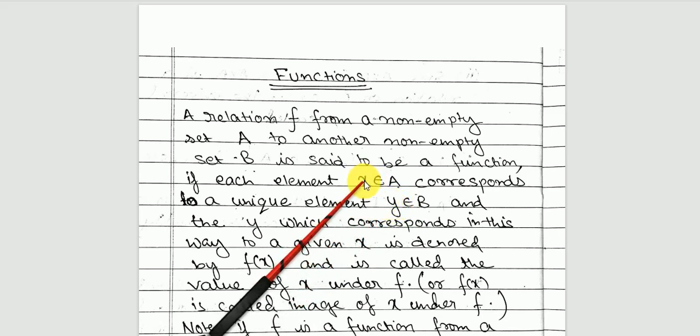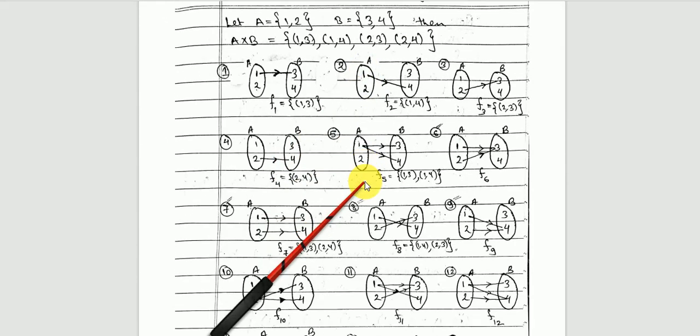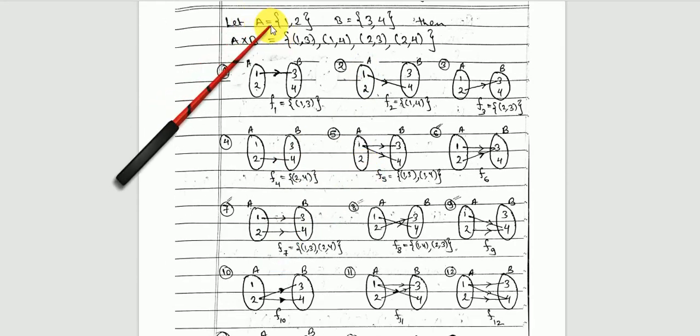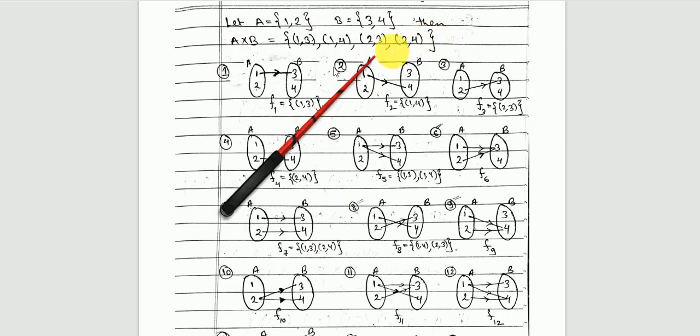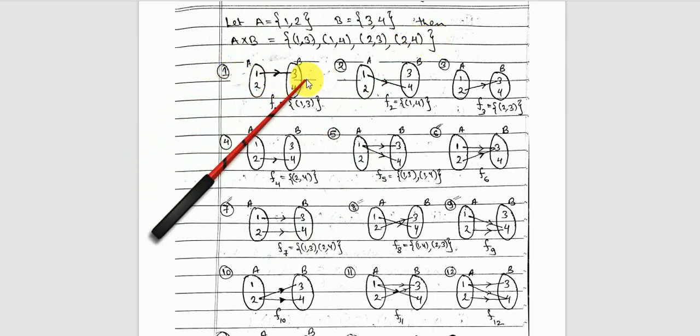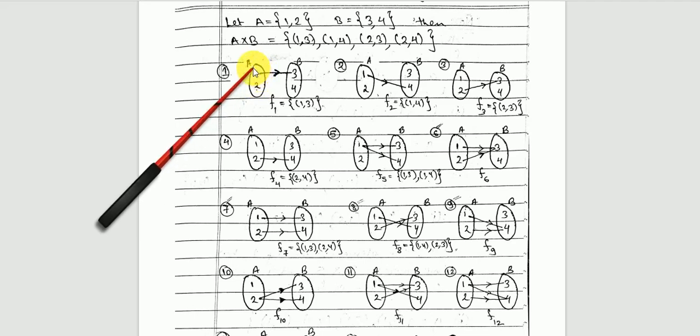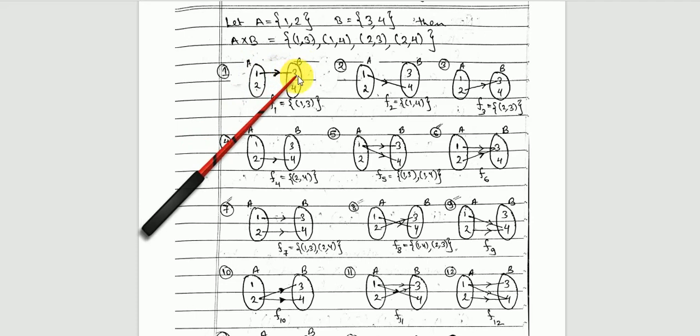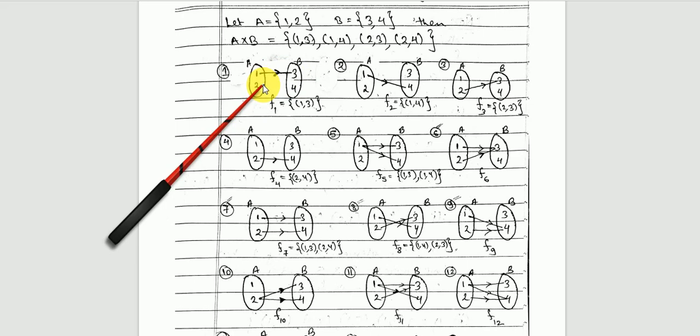Let us try to understand here. I've got two sets A and B, and this is the Cartesian product. So this is a relation. Here (1,3): 1 is related to 3 by some rule. So this is a relation, but this is not a function. Why is this not a function?